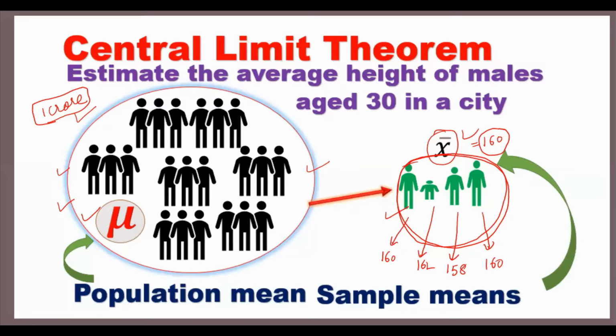We have to take many samples and find the means. We'll check what is the link between the sample mean and the population mean. We know this, we have no idea about this. This we have calculated, this is calculation; here this is estimation.